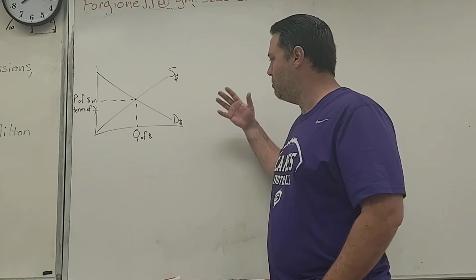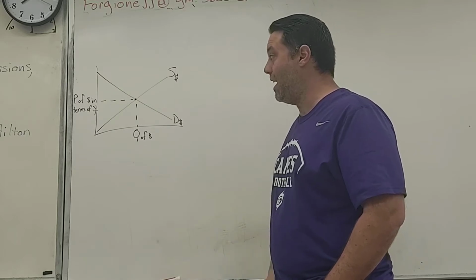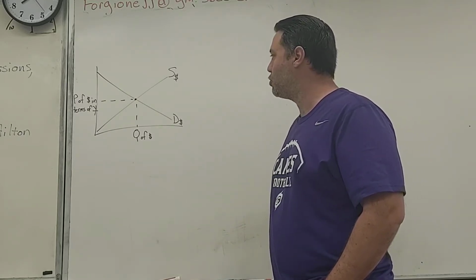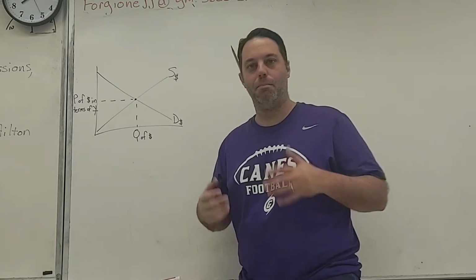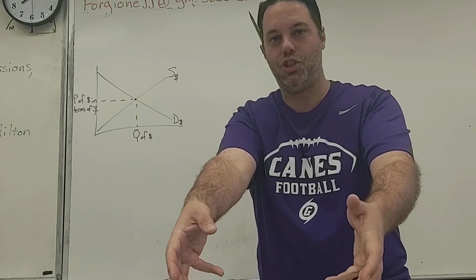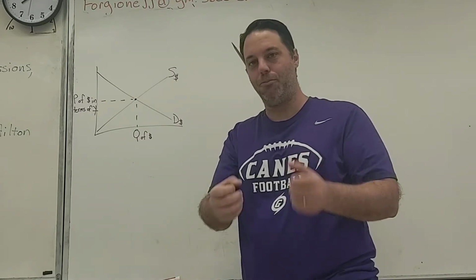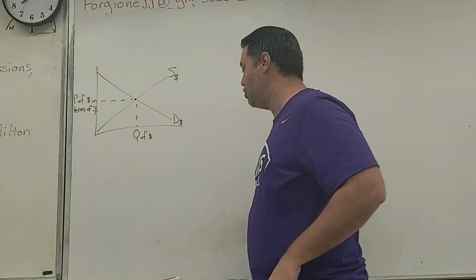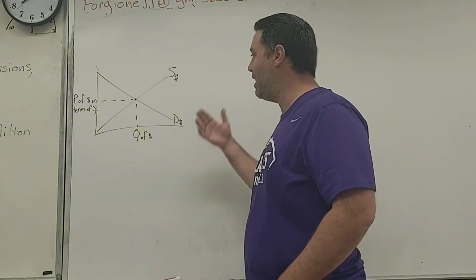And so the demand for dollars would go down because we want yen instead. But also the supply of dollars would go up because we're taking our dollars and putting them on the exchange and trading them for yen. We're taking yen off the exchange. That would be another way of looking at it.